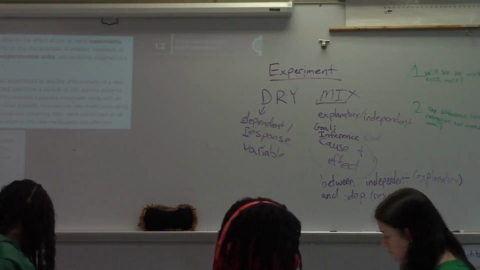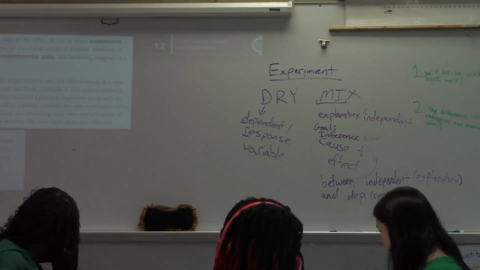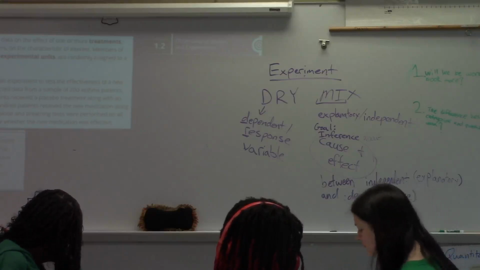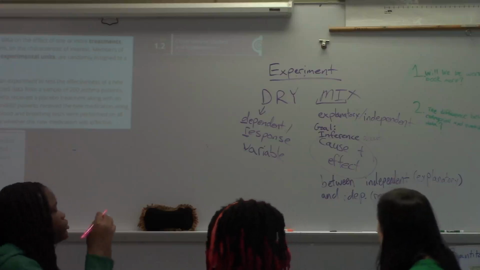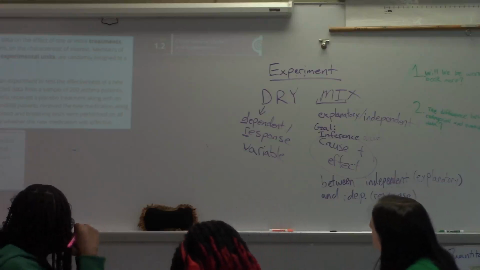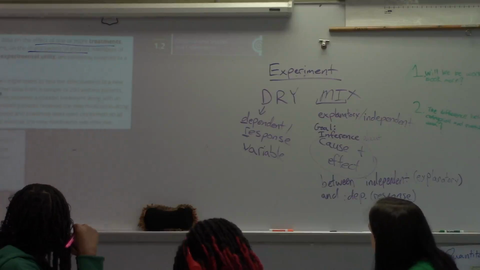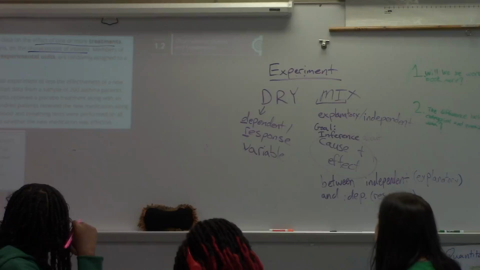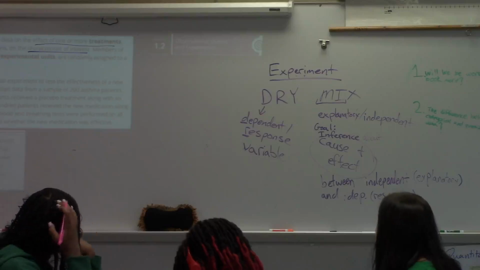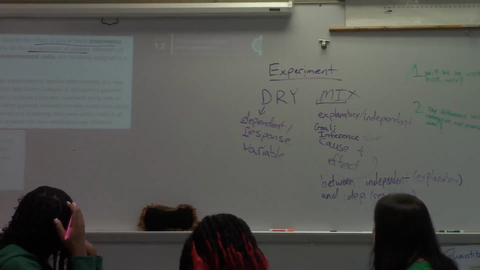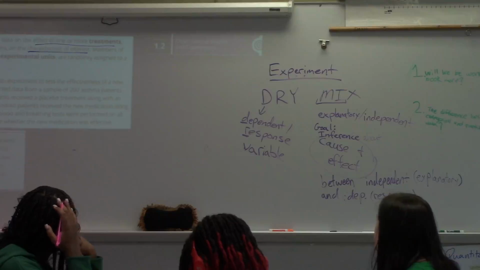All right. So let's look here at this. An experiment gathers data on the effect of one or more treatments or experimental conditions on the characteristic of interest. So if it's the effect of a treatment on the characteristic of interest, what other term have we used over there that could be similar to treatments? It's how a treatment affects the characteristic of interest. The E word?